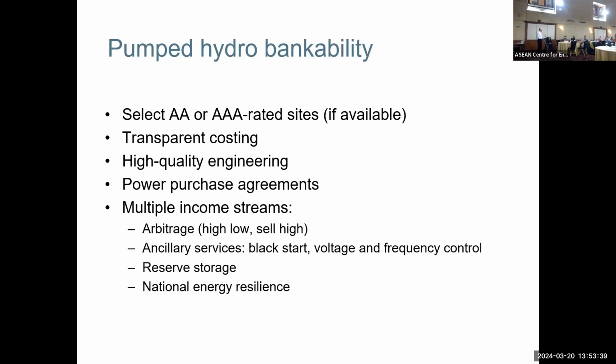Then there's reserve storage. So some storages are paid to remain half full at least. So the owners can play with half of their storage doing arbitrage, but the other half they're paid to just keep in reserve. And then finally, there's national energy resilience.